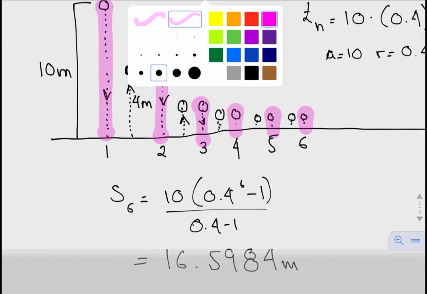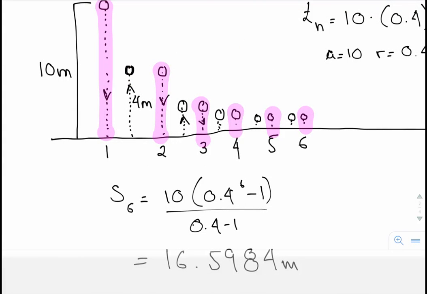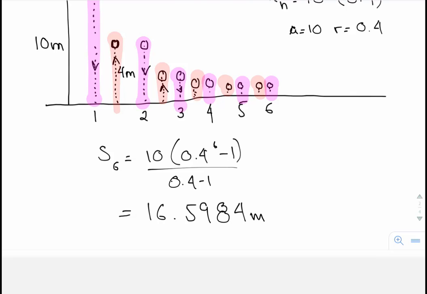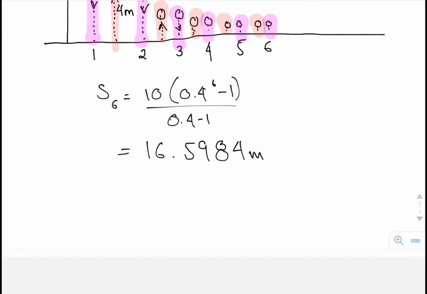What we're leaving out in each of these cases, except the first, is, well, what about the bounce up? We're not taking that into consideration. So what I have to do is multiply every single height by 2, or the total sum multiplied by 2. So I'm going to go S6 times 2.